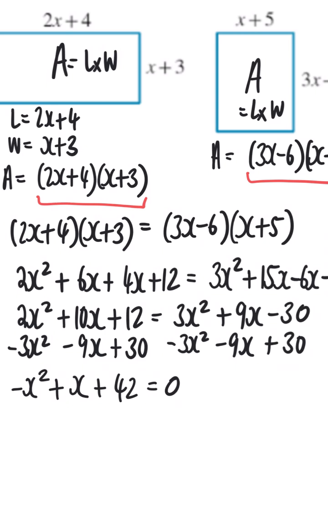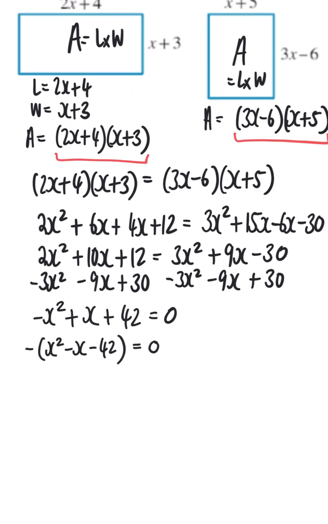I am going to take a factor of negative 1 out to the front, just so that I don't have to deal with a negative x squared when I do my cross method. You don't have to do that, you can leave your negative in if you like, I just prefer to do it this way. So let's do our cross method. It's monic, so it's x and x. What are two numbers? When we multiply them we get negative 42, when we add them we get negative 1.